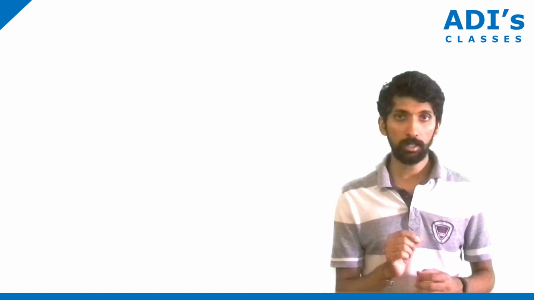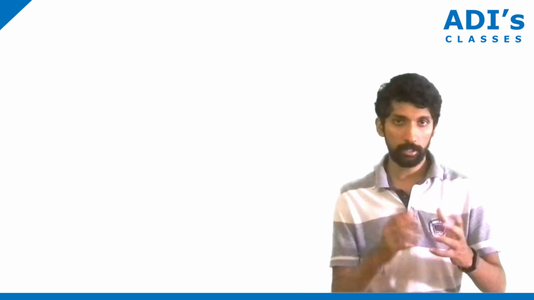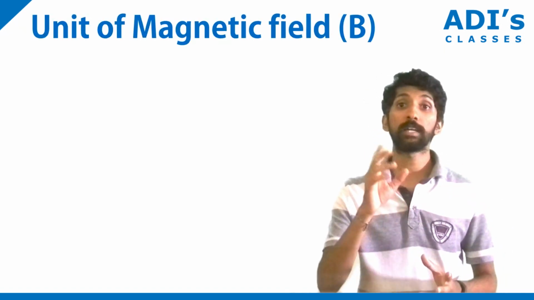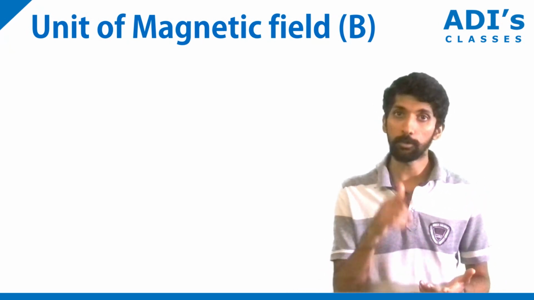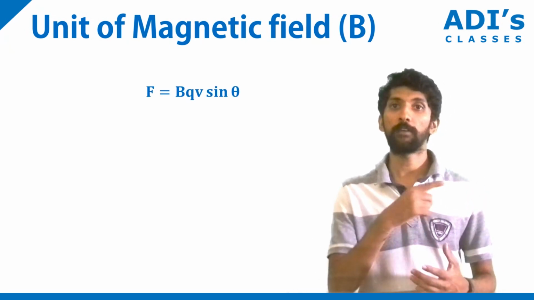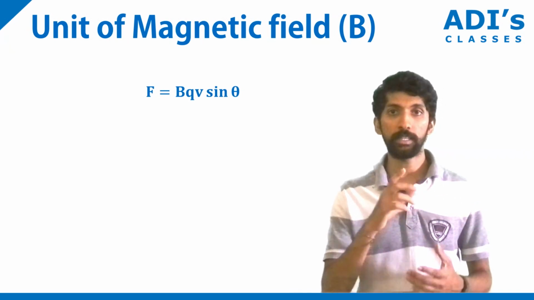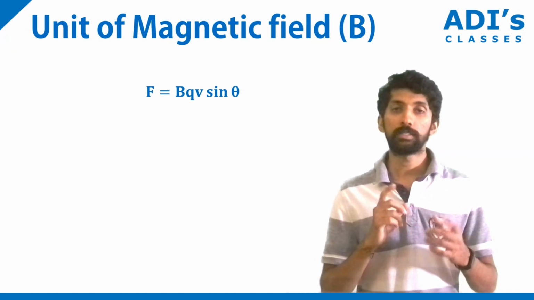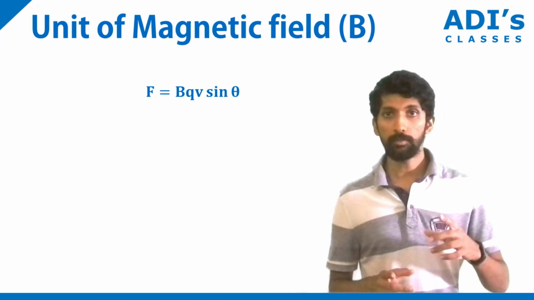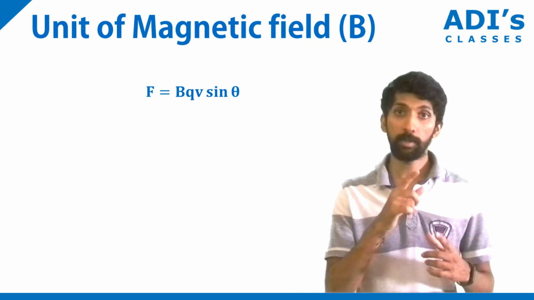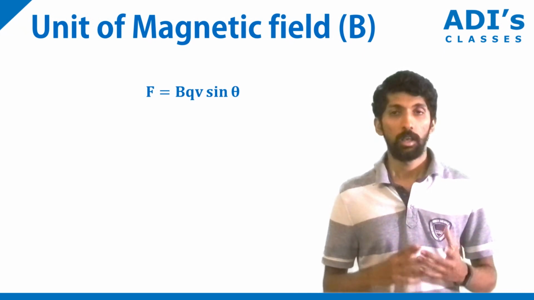Now for any physical quantity, SI unit. So let's go to the unit of magnetic field. Now we derive the unit of magnetic field using force. F is equal to QVB sine theta. Now sine theta has no unit, it's a dimensionless quantity, right? So we have B is equal to F by QV, correct?